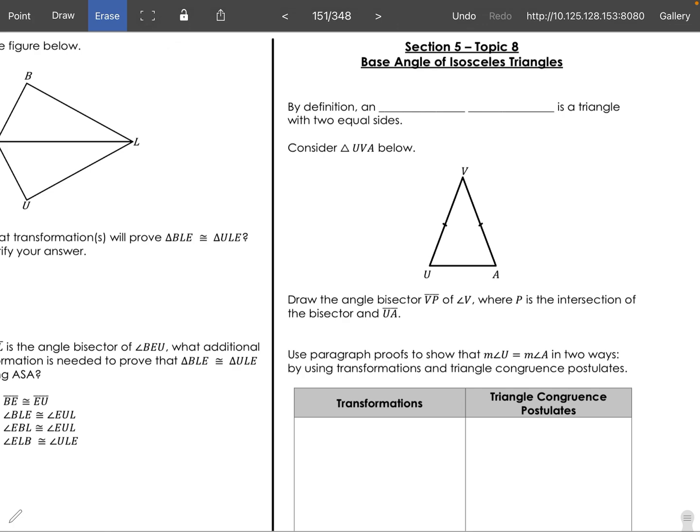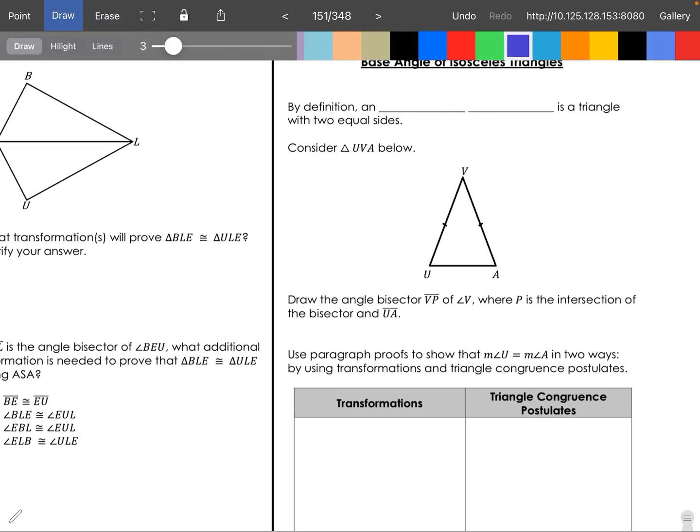Anyway, so let's talk about an isosceles triangle and the properties of it and the base angles theorem. By definition, an isosceles triangle is a triangle with two equal sides.